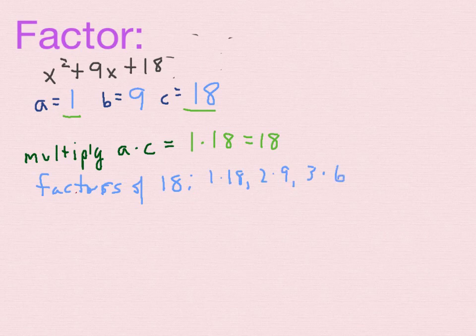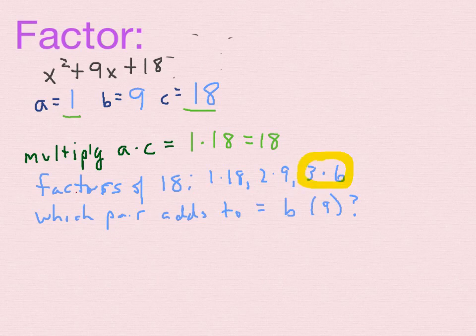I need one of these pairs, so which pair adds to equal the b term of 9? Well, looking at what I've got up here, it's going to be 3 and 6. So this is how this factors. Always in factoring we're dealing with parentheses.